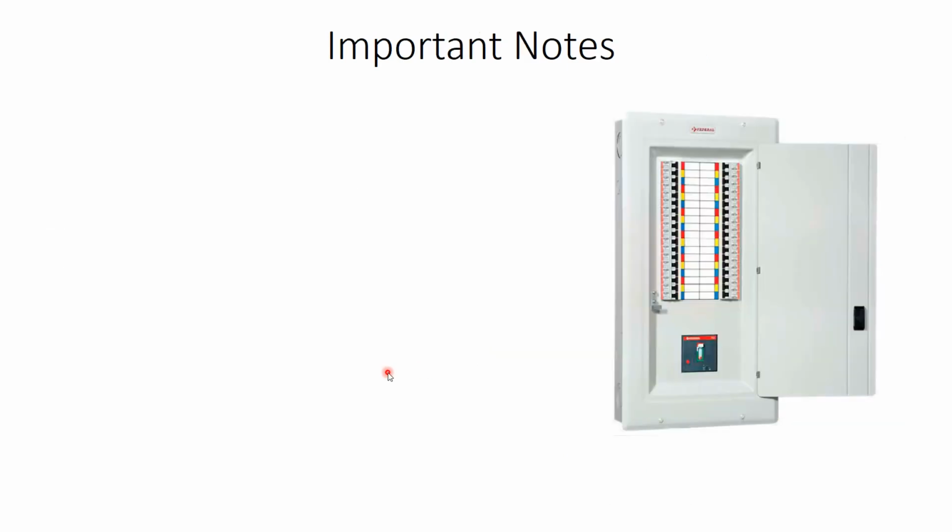Some important notes about panels. Number 1, the outdoor panel has an IP, or ingress protection, sometimes called the protection index, of 65, IP 65. So what does an IP 65 mean?